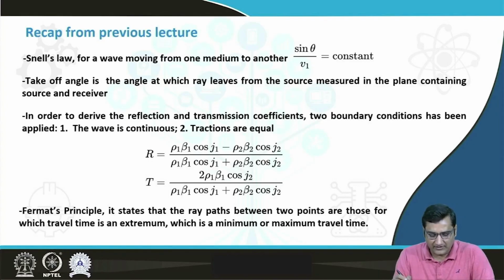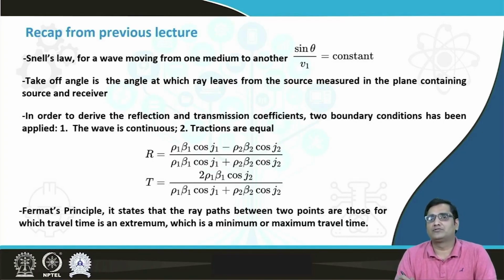Then we went on to derive the reflection and the transmission coefficient using the two boundary conditions for the SH wave. The boundary conditions were that the displacement is continuous across the boundary of two media, and also the traction should be equal across the boundary of both media.